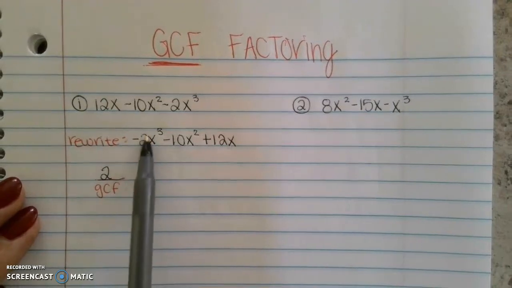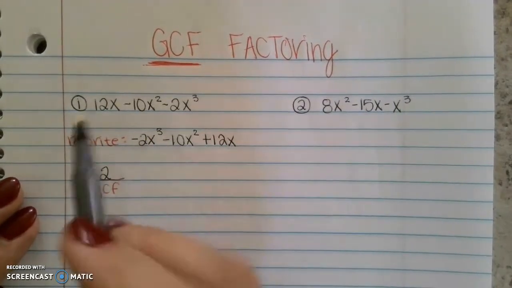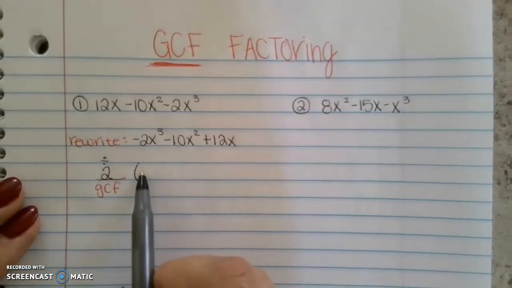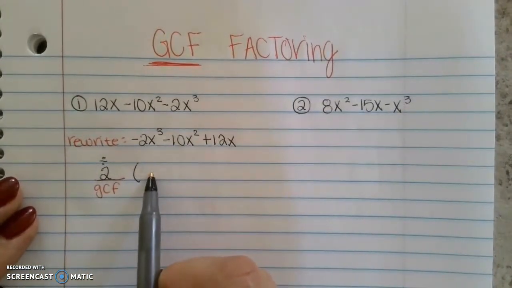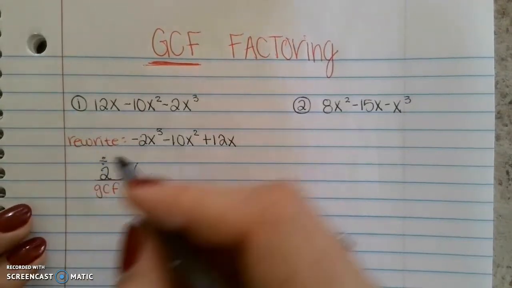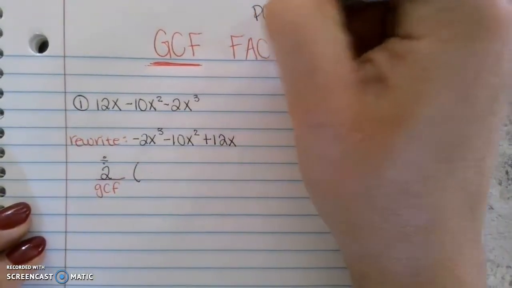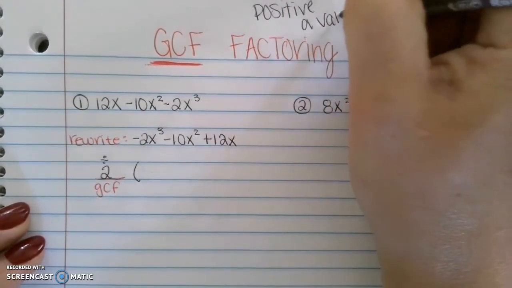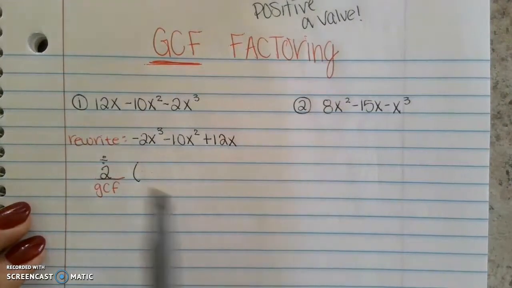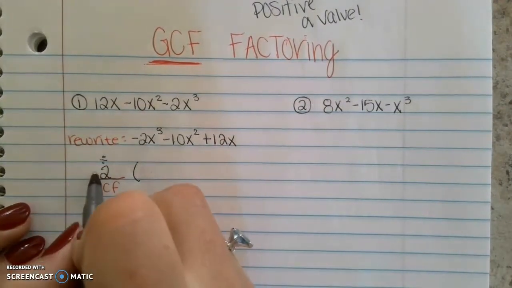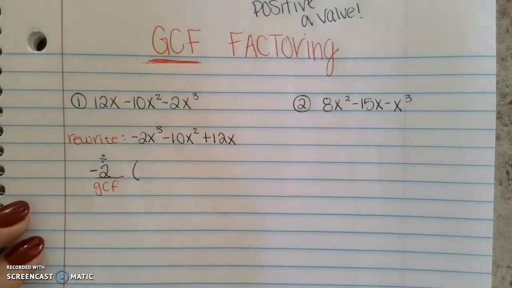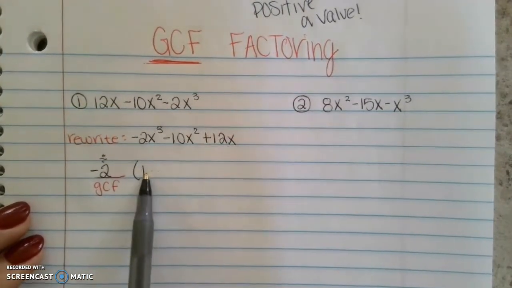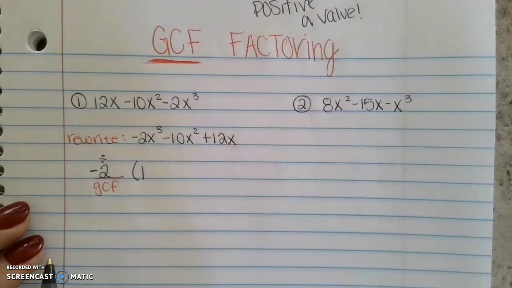If we divide this by just 2, so negative 2 divided by 2, that would leave me with a negative 1 out front. And we do not want that. We want a positive, make a note to yourself, you want a positive A value when we go to factor. So instead of just taking out a 2, I'm actually going to take out a negative 2 here, because negative 2 divided by negative 2, that's going to get me a positive 1 for my A value there.